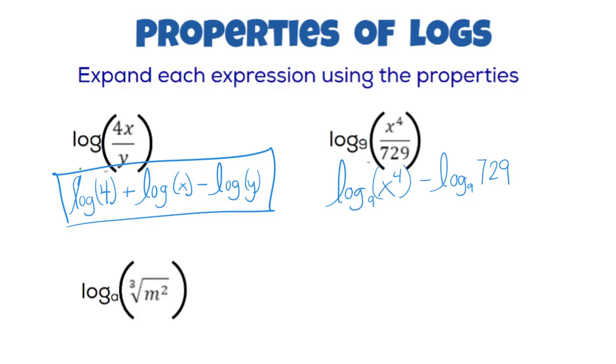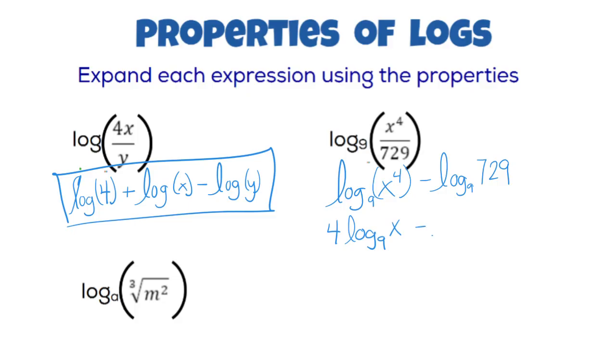But I'm not done because you want your argument to be as simplified as possible on these. So this 4, I want to pull out in front. Now, next time you do this, you might be able to just do that in your head and do that all in one shot. Totally fine. You take as many steps as you need to expand and condense. As we get better, it'll take fewer and fewer steps.